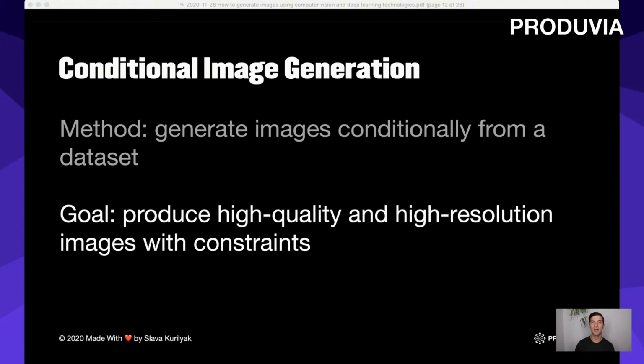Now, the conditional image generation is able to generate dozens, hundreds, thousands, or even millions of images for t-shirts. How much value would that bring to you and your company, being able to generate hundreds of thousands of images with a click of a button, right? We're talking about millions and millions of dollars of potential profit.